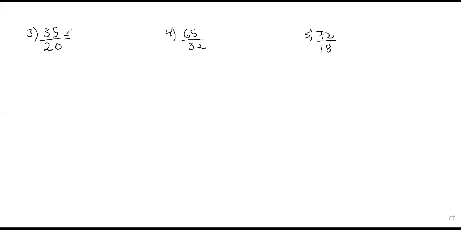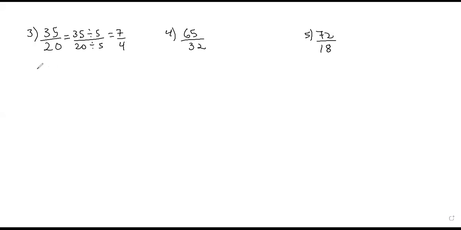We can simplify. These two numbers are divisible by 5, so I can write 35 divided by 5 and 20 divided by 5. And my answer will be 35 divided by 5 is 7, 20 divided by 5 is 4. This is an improper fraction.